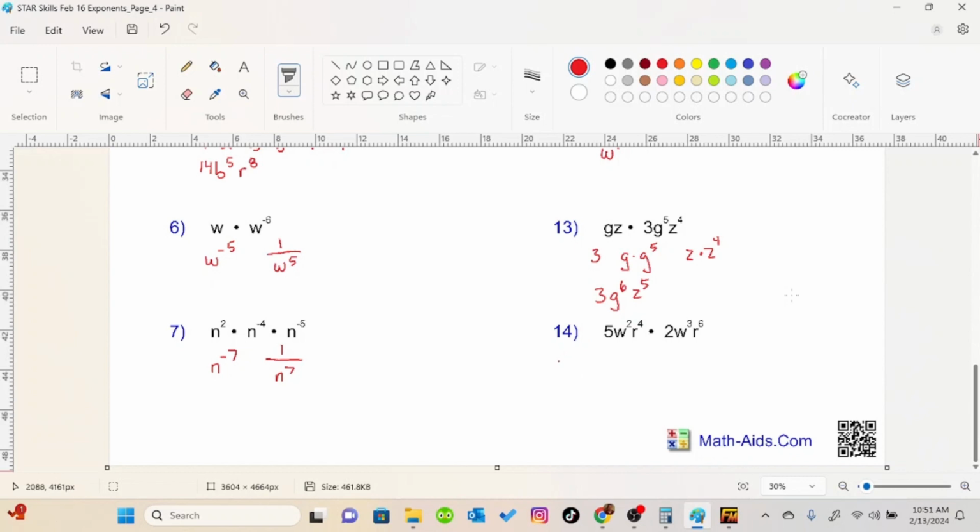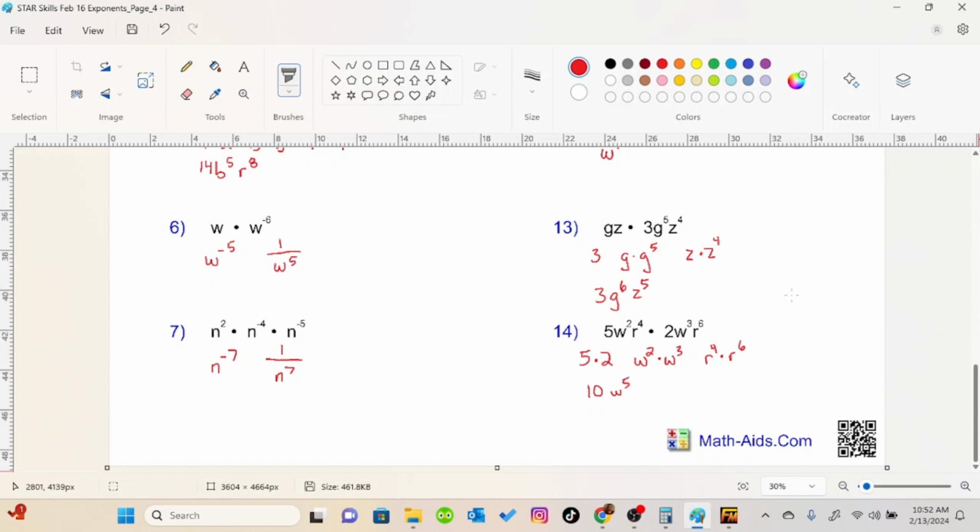And our last practice problem, number 14, we have 5 times 2, w squared times w cubed, r to the power of 4 times r to the power of 6. 5 times 2 equals 10. 2 plus 3 equals 5.